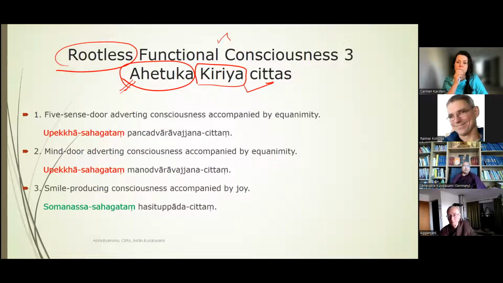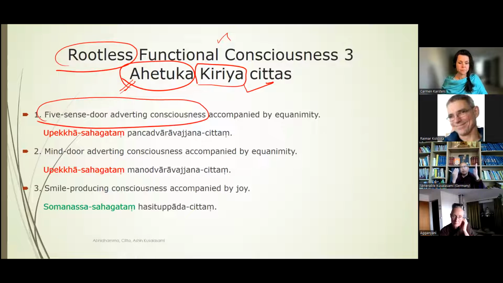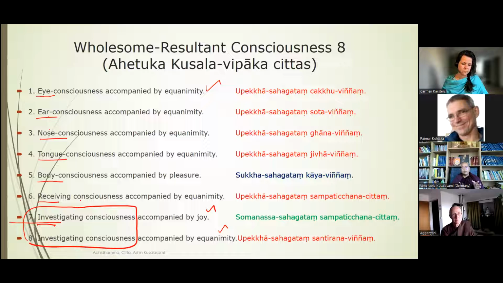Five sense door adverting means, for example, I'm looking at the sky. Before looking at the sky, I need this consciousness first: five sense door adverting consciousness. That means, I will look to the sky. Then I look, and after I recognize the object, I give it to the receiving consciousness.